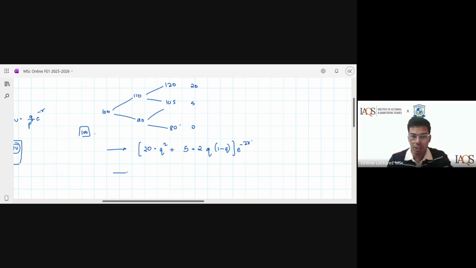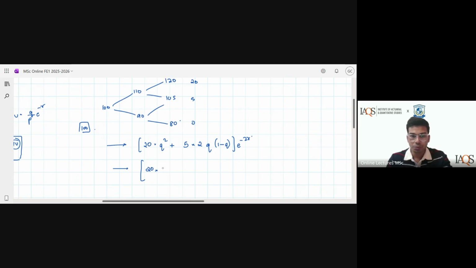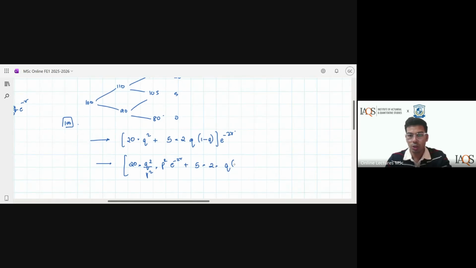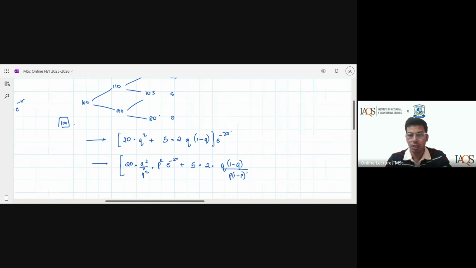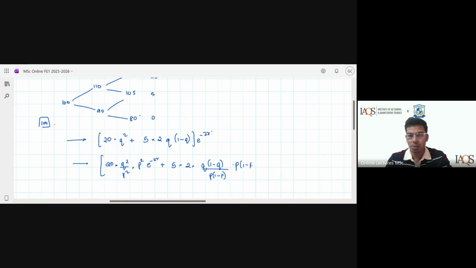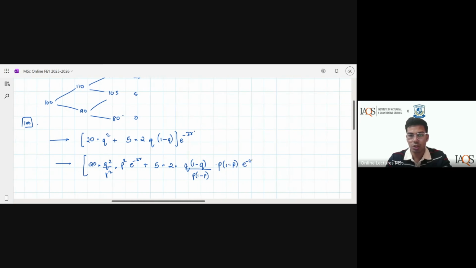Under the state price deflator approach, the equation will actually be 20 into Q square by P square into P square, into e raised to minus 2R, plus 5 into 2 into Q into 1 minus Q upon P into 1 minus P, into P into 1 minus P, e raised to minus 2R.